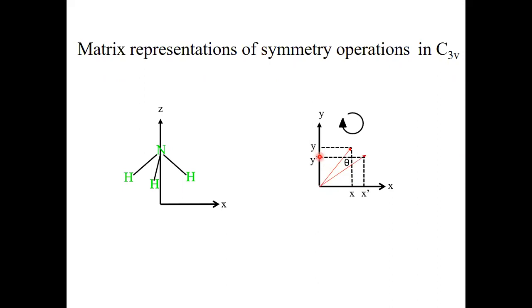Okay, so now you see that in contrast to a C2 symmetry operation where we actually rotate around 180 degrees, in the more general case of a general rotation, we do not simply flip the algebraic sign of one or two coordinates. We transform the coordinates in a more complicated manner.